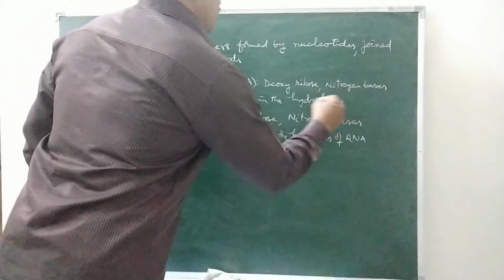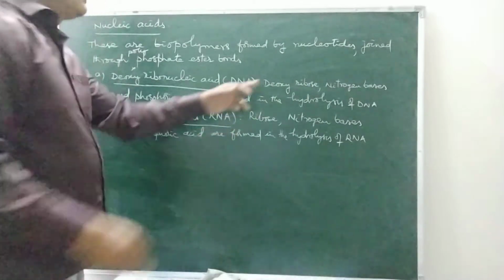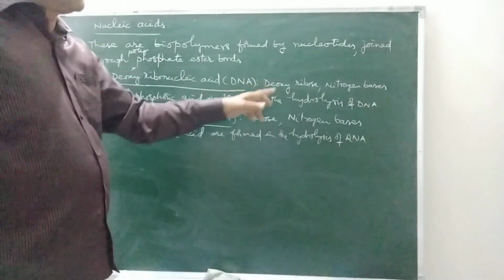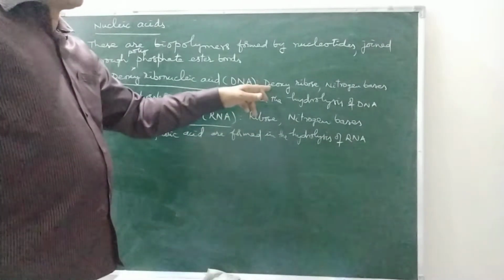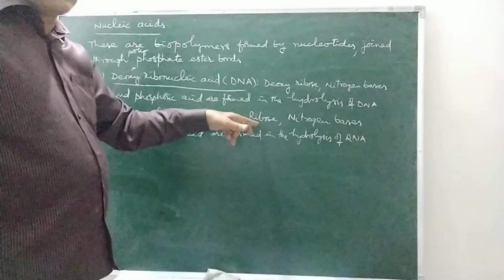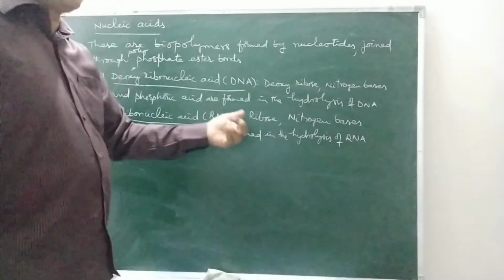In the same way, in the hydrolysis of DNA we get deoxyribose. Here it is ribose and this is deoxyribose. If oxygen is removed from the ribose, it is called deoxyribose. Then nitrogen bases and phosphoric acid.